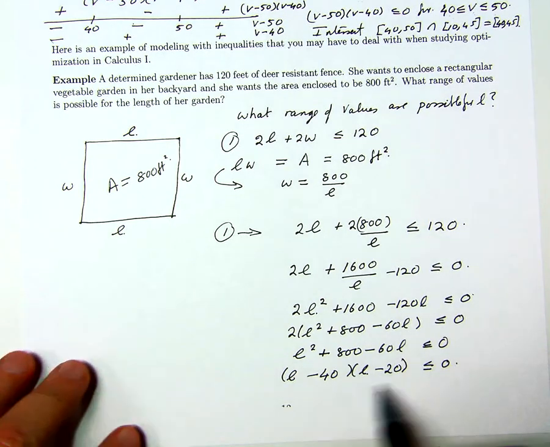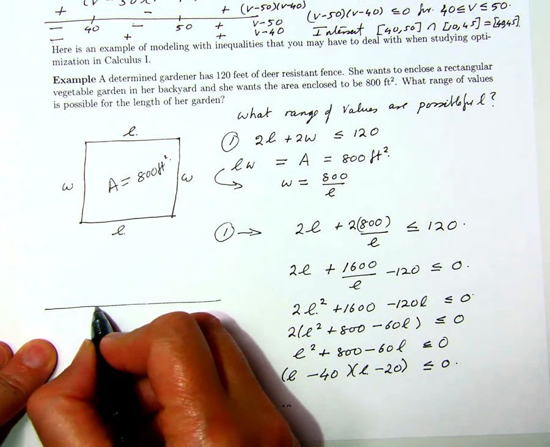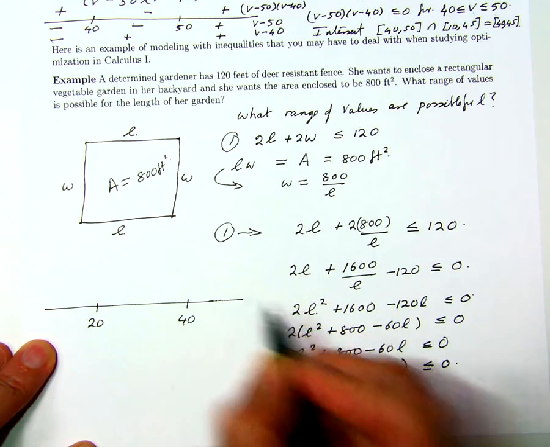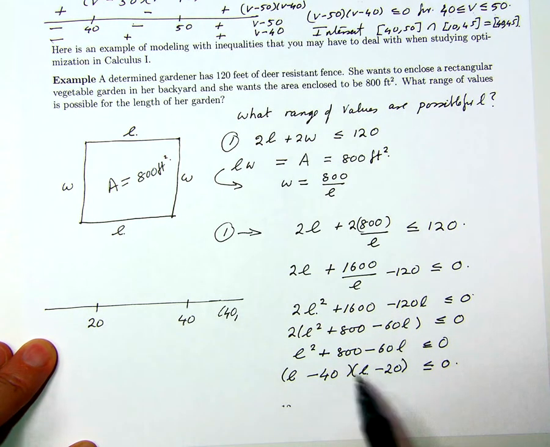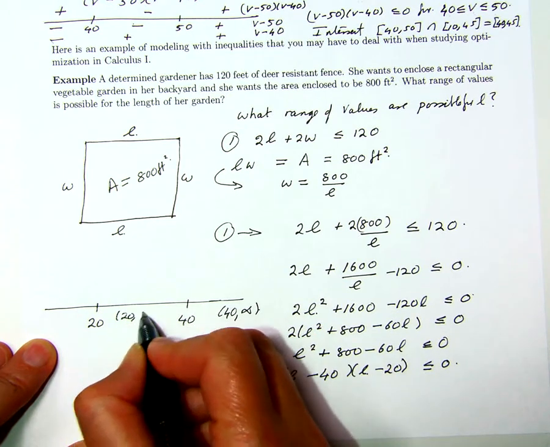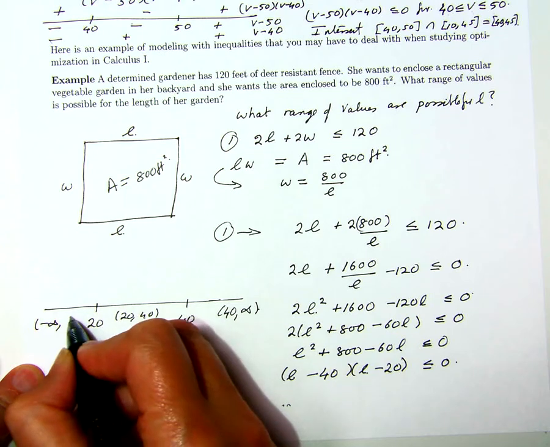So where is this quantity less than 0? Well, 20 will play a role in the answer, and so will 40. The intervals where this does not change sign are 40 to infinity, 20 to 40, and negative infinity to 20.